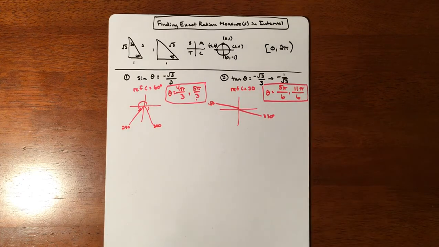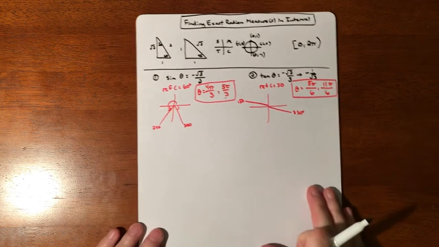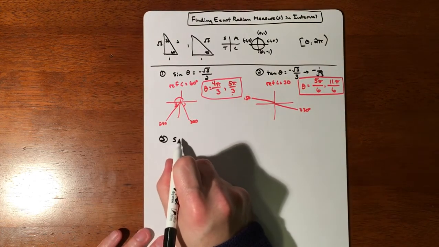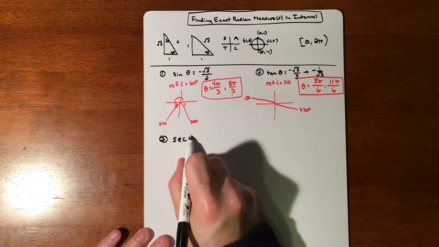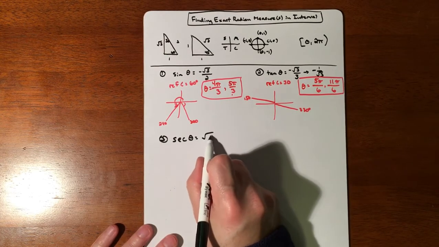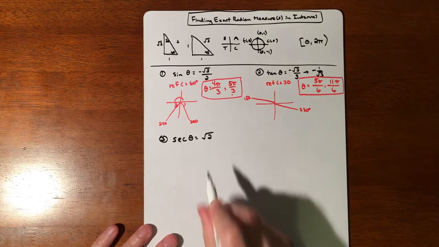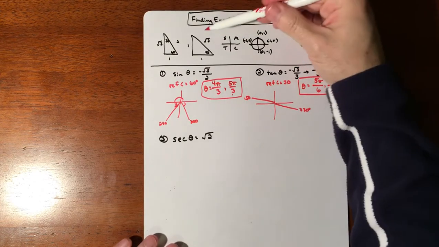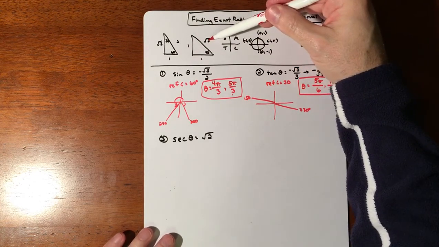All right, so let me do two others. Let's say you have secant theta is just root 2. Well, the triangle that has a root 2 is going to be our 45, 45, 90. So secant of what angle?